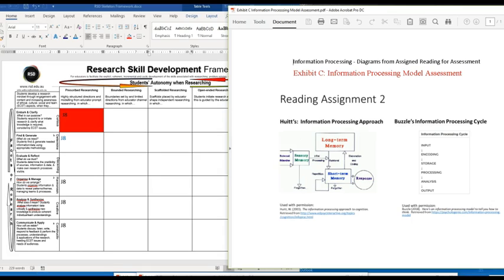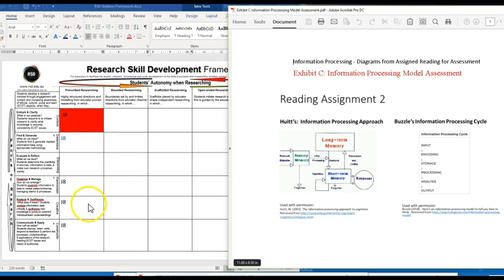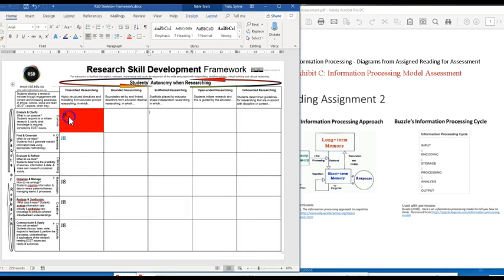So as I take a look at this, I can see that this reading assignment falls under Embark and Clarify, and also in the Analyze and Synthesize areas of the RSD framework, but at a very prescribed level. I'm going to code this assignment much like I did the other one by using an alphabetical code to indicate that I'm looking at the information processing model.